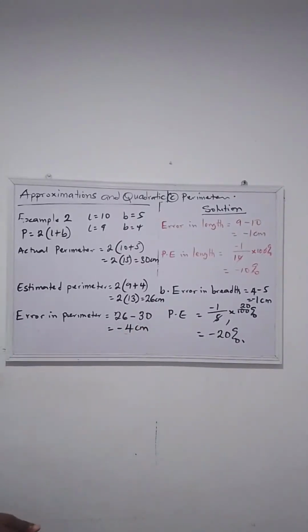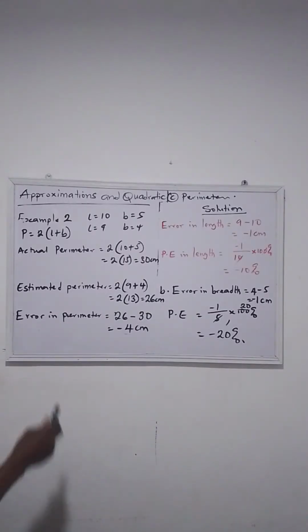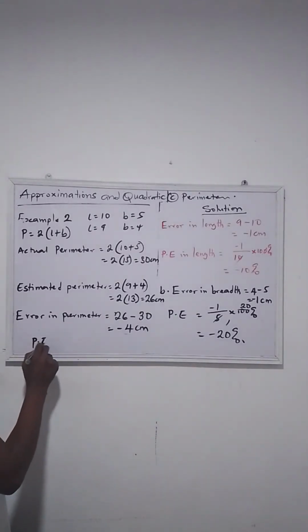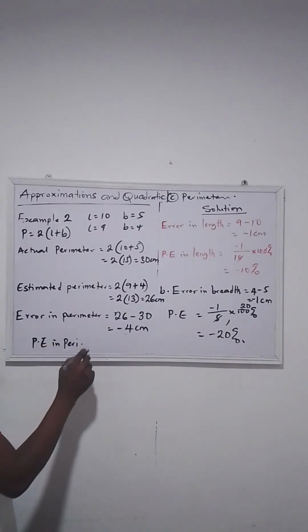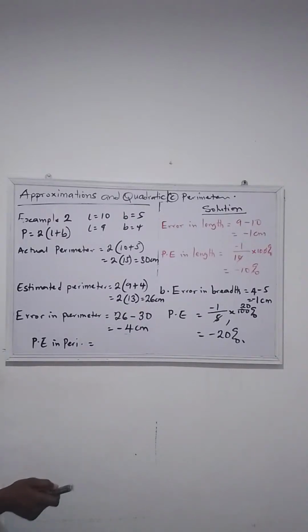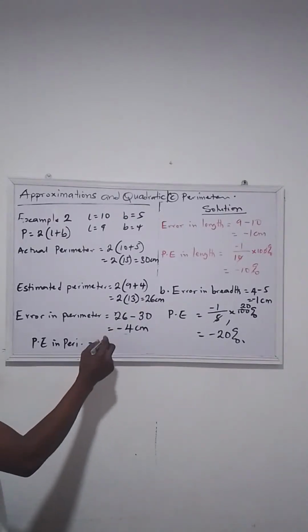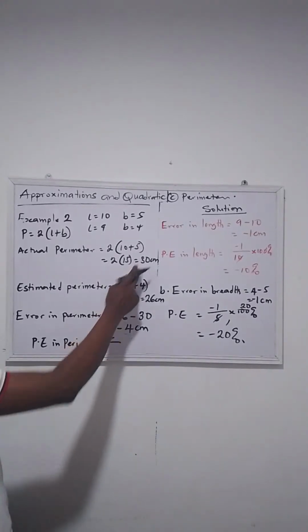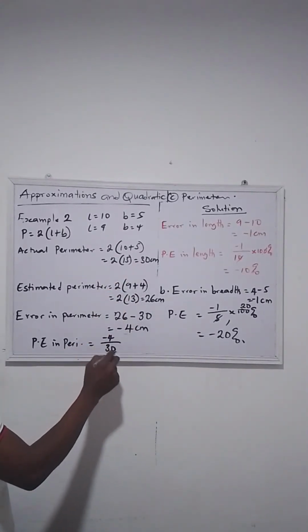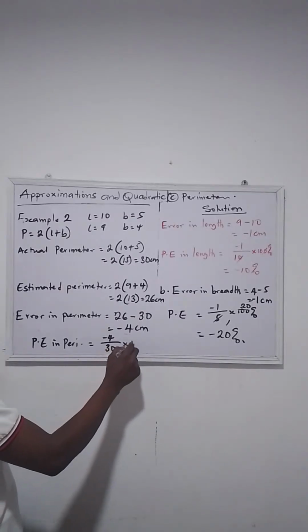So this is going to be the error. So we can calculate the percentage error in perimeter. Can we do that? Okay, so that is going to be the error over the actual perimeter. What's the actual perimeter? That's 30. We have 30 times 100%.